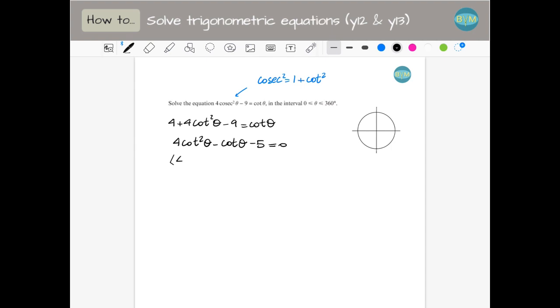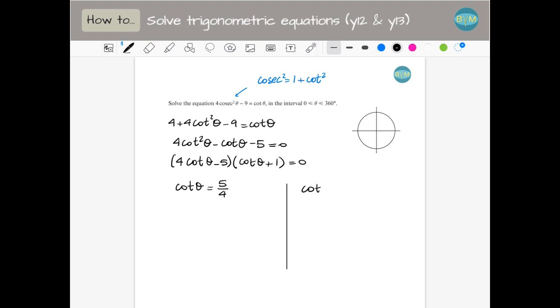Yeah, I can factorize like any quadratic. So I have 4 cot theta minus 5, cot theta plus 1, and I make the first bracket equal 0, so I have this, and the second bracket equal 0.